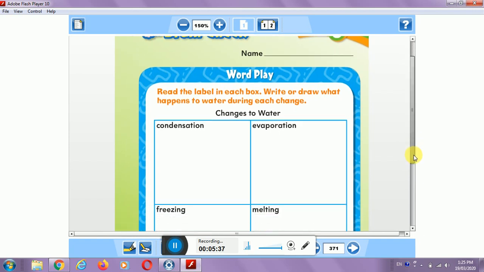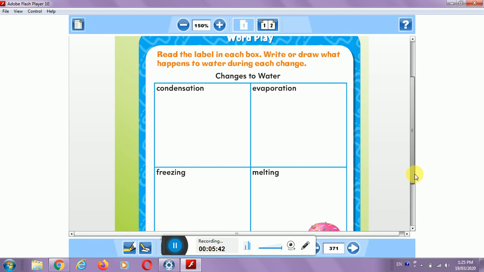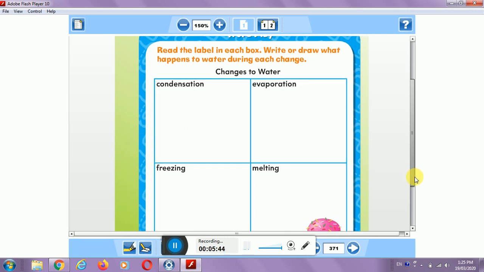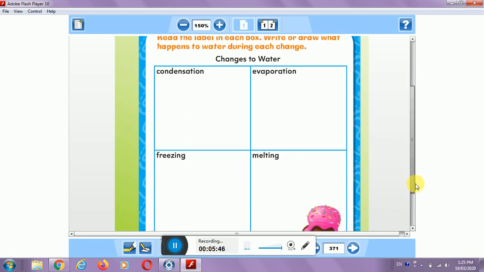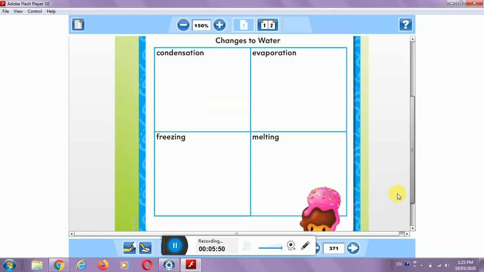Page 371, read the label in each box. Write or draw what happens to water during each change. You have to draw the process. Condensation, is it from liquid water to gas water, or from gas, which is water vapor, to water?